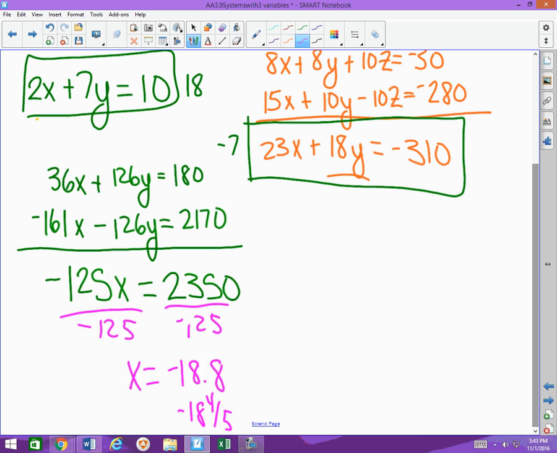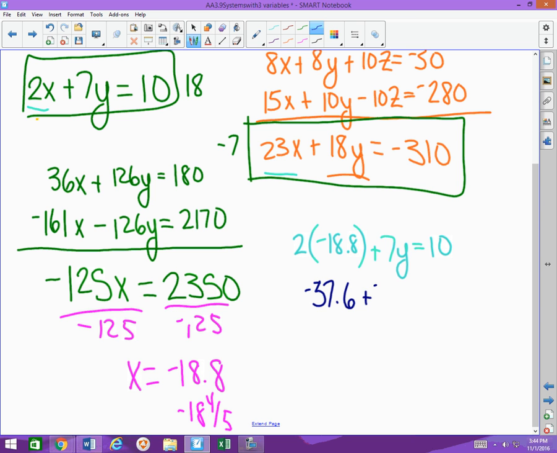So now that we know what x is, we can use that to substitute it into either this equation or this equation. And let's see, I think that has smaller coefficients, so we're going to that one. So we have 2 times -18.8 plus 7y equals 10. And multiply that, and it's a -37.6 plus 7y equals 10.